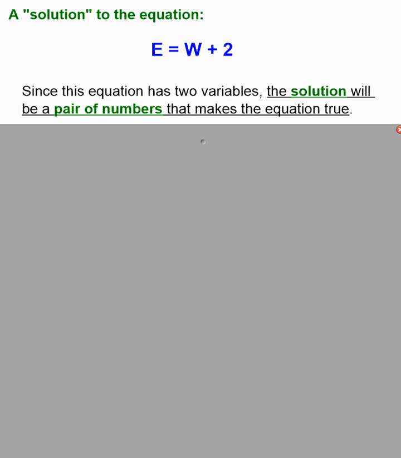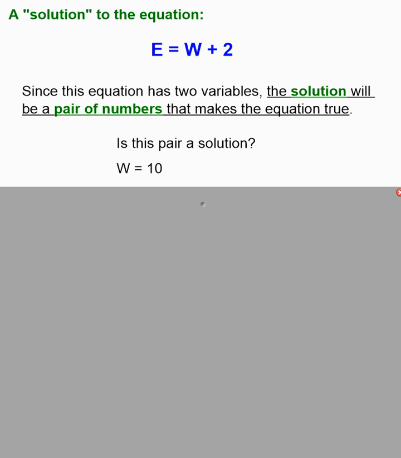So Eric will be 3 years old. So the solutions don't come as single numbers, they come as a pair of numbers. The idea of a solution is still the same, that a solution is the number that makes the equation true, but now we've got two variables in there, and so there'll be pairs of numbers that make it true.